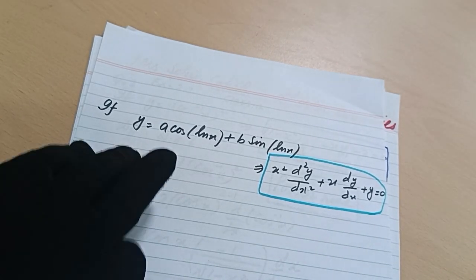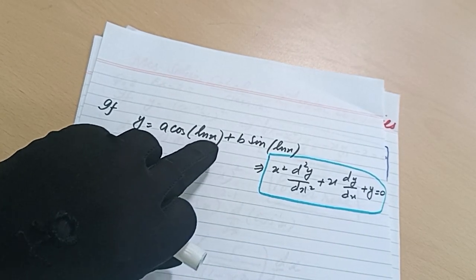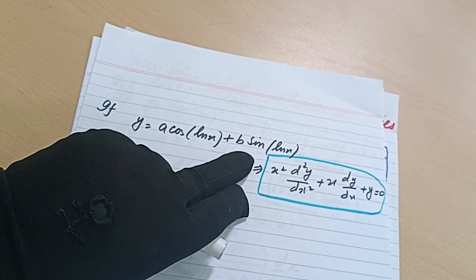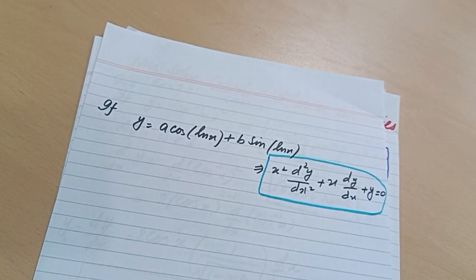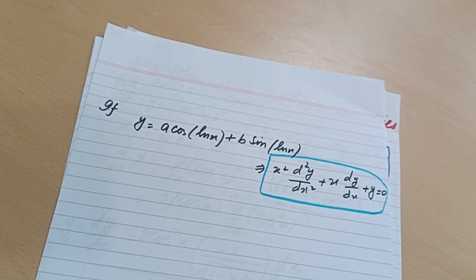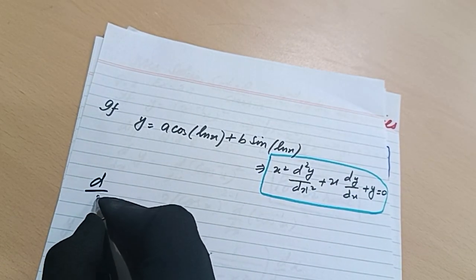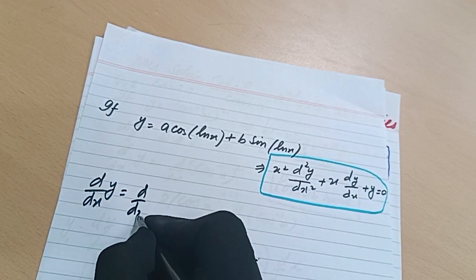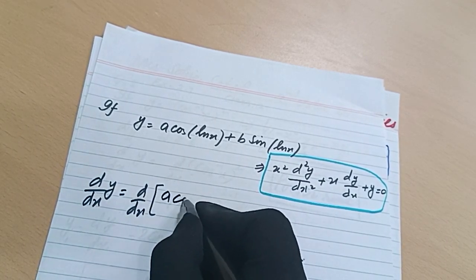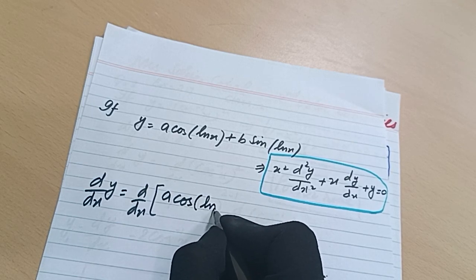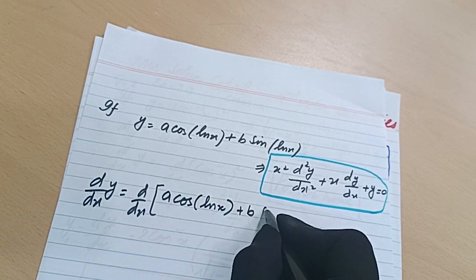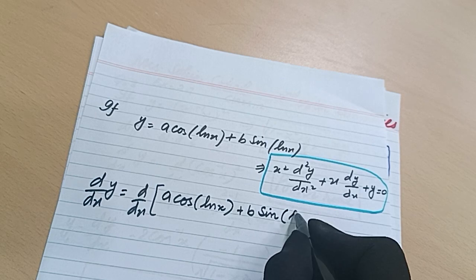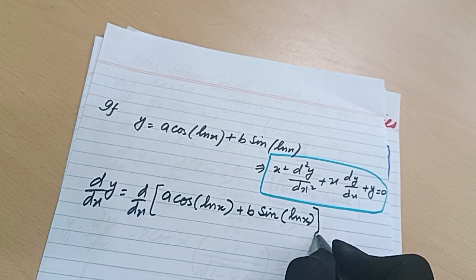For this, what you must know? You must know the derivative of cos, you must know the derivative of sine, and you must know the derivative of log of x. Okay, now differentiate it with respect to x this side, and differentiate with respect to x on this side. a cos of natural log of x plus b sine of natural log of x.